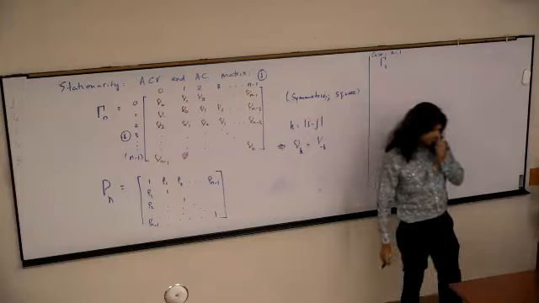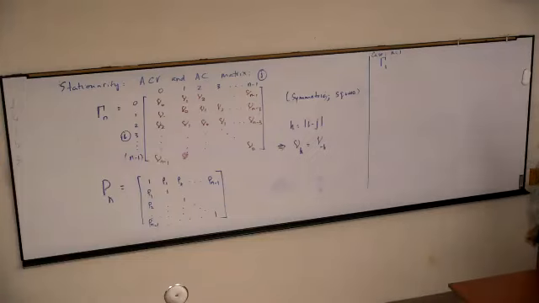Case n equals 1. What is gamma 1? The dimension of the matrix is 2 by 2. How do you get 2 by 2?